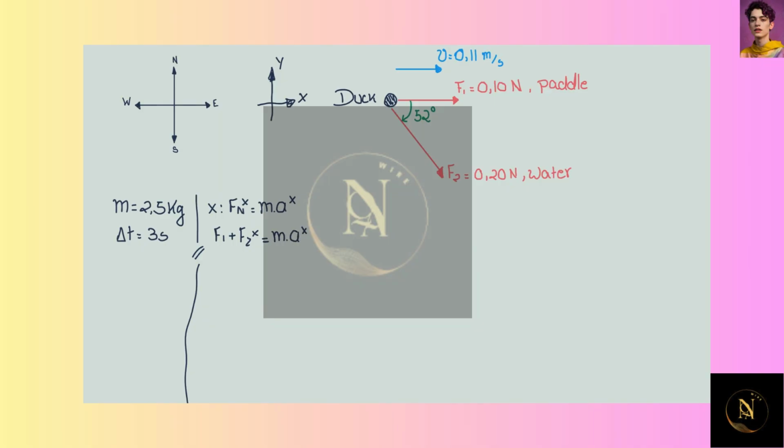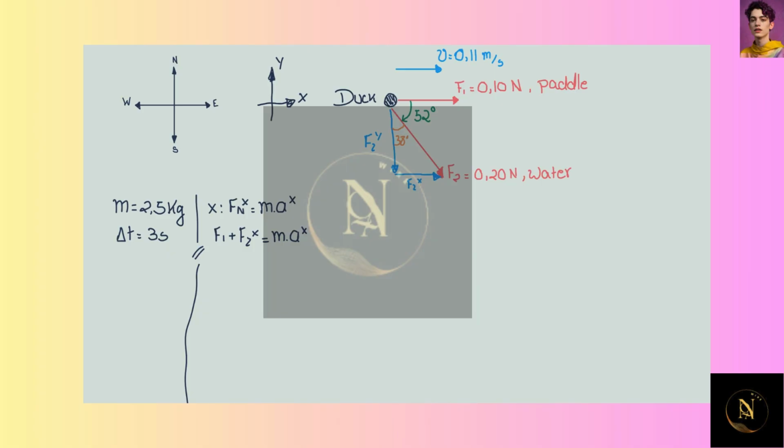To calculate the x component of the force F2, we have to decompose it as follows. It has a y component, which points in this direction, and then its x component. This is F2 component y, and this is F2 component x. As you can see, this angle is 90 degrees. If this is 52 degrees, then this other angle here must be 90 minus 52, and 90 minus 52 is 38 degrees.